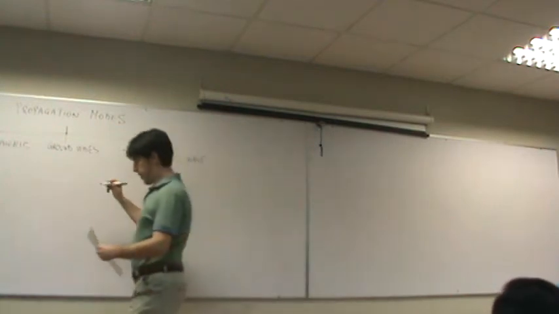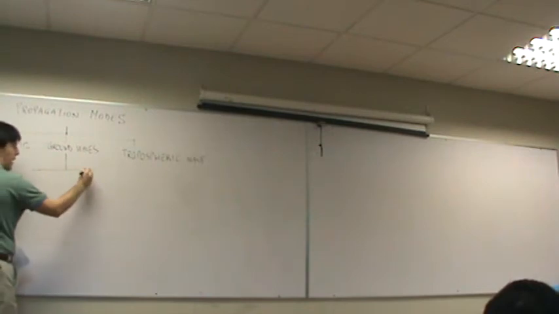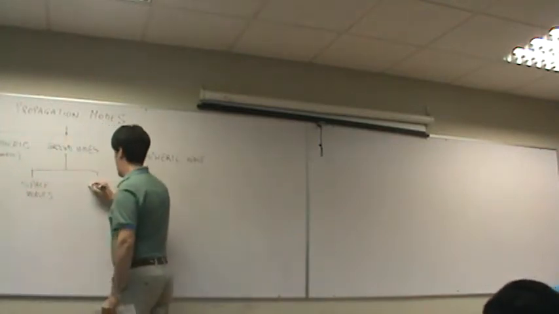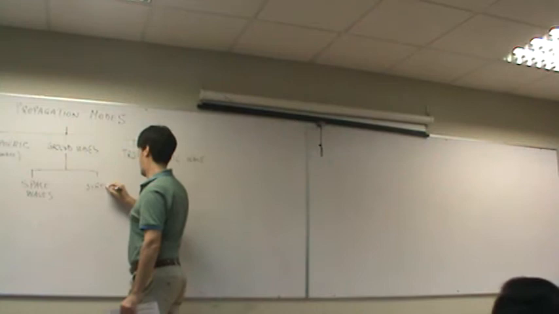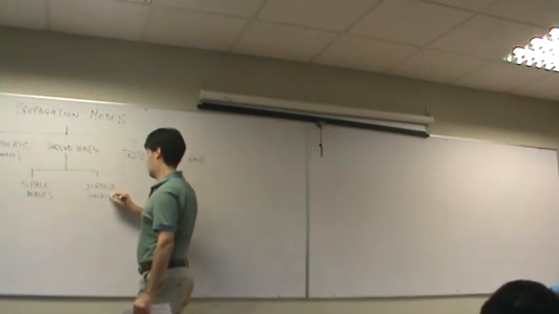The ground waves then can be classified into different types. That is the so-called space waves. Do not confuse space waves with sky waves, they are different things. And surface waves.